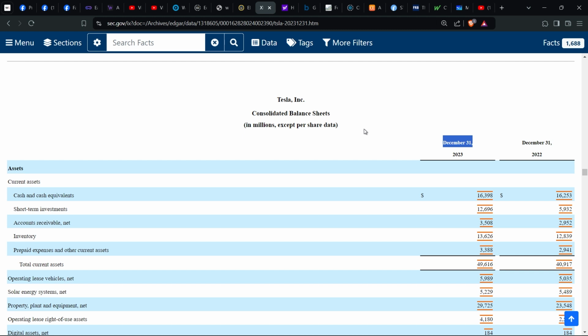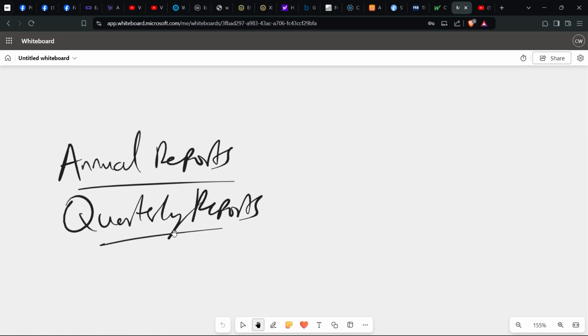Another important difference to note is that there is an annual report and there's a quarterly report. The annual reports are audited, meaning they have been verified to be true by the relevant authorities. But the quarterly reports are unaudited.